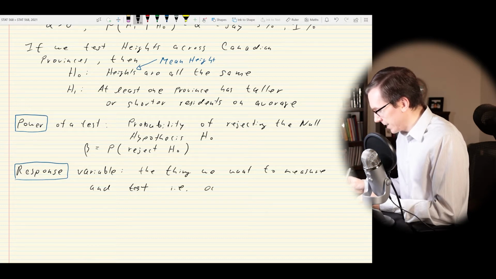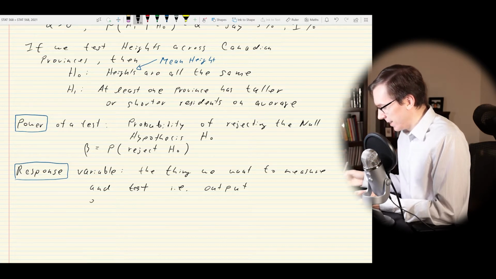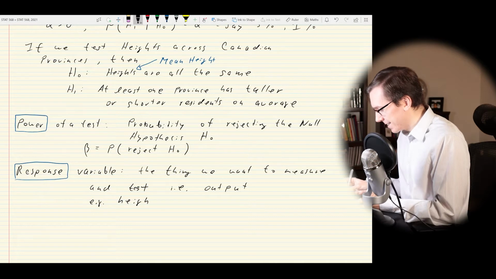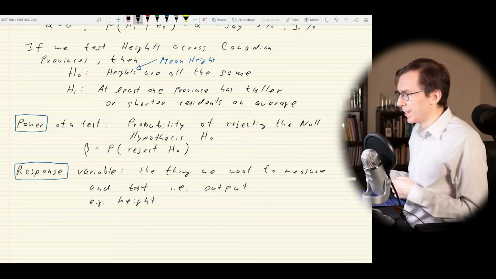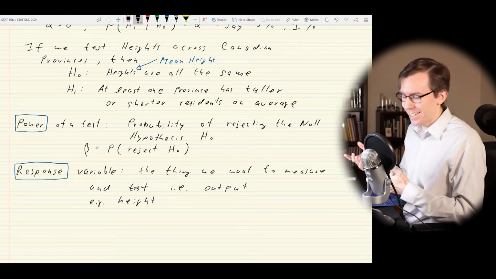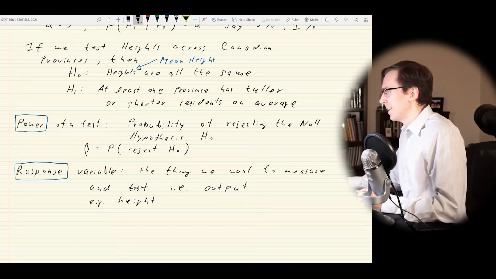So, i.e., this would be the output of our model. For example, it could be like the height in my hypothetical example of flowers or Canadian citizens.